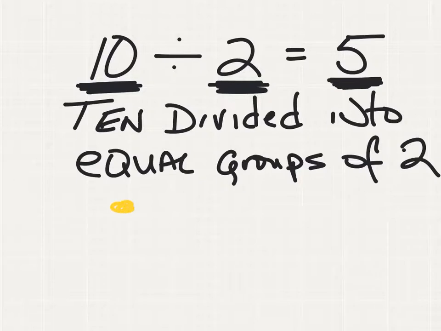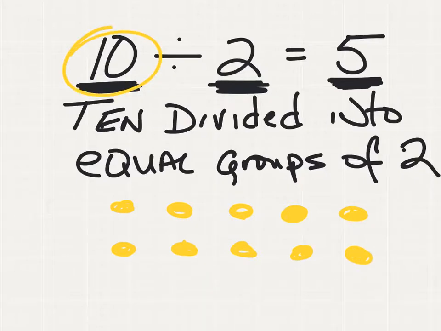If I have 10 counters, each one of these counters represents a positive integer. So these 10 yellow counters represent my 10. I'm now going to divide these counters into equal groups of 2.